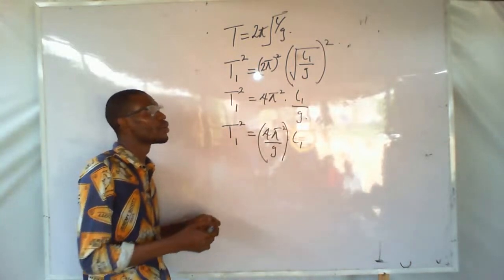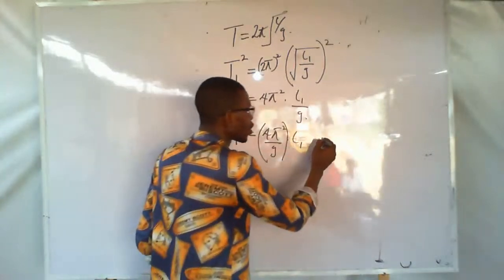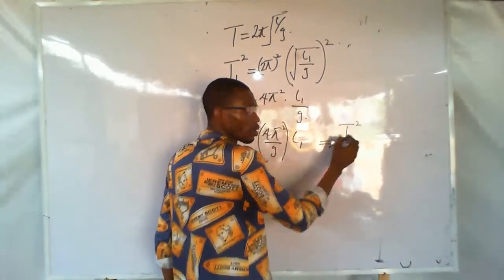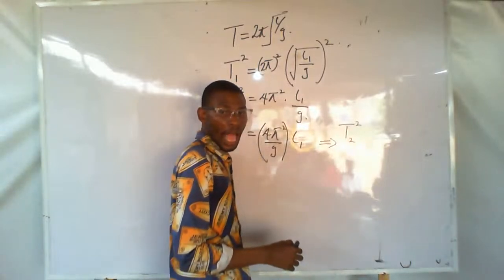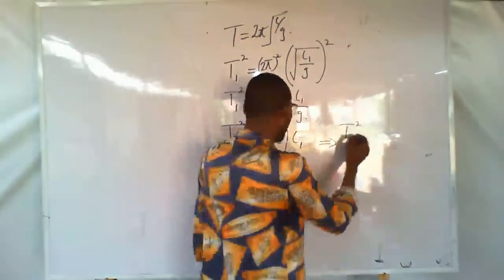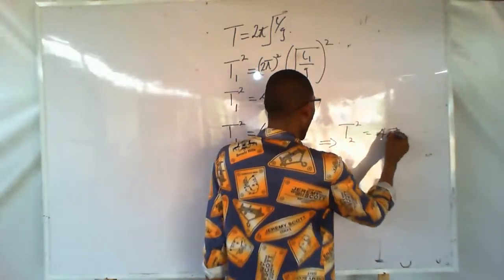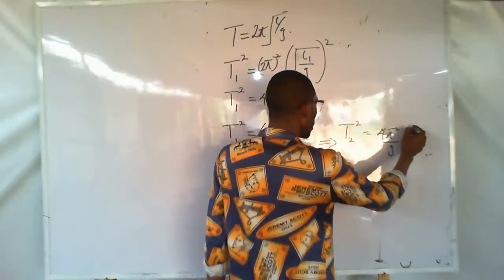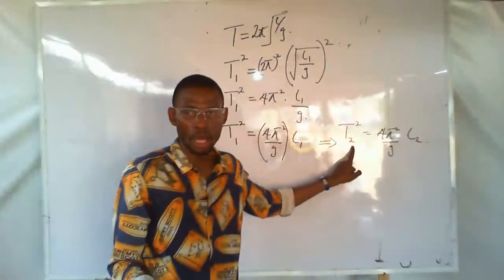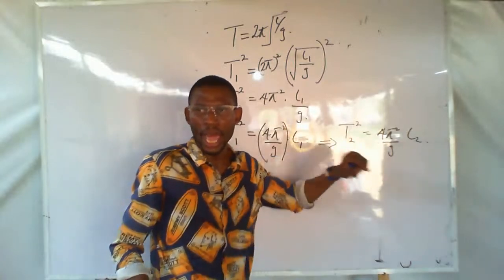Recall that we can also say this one is 4 pi square over G L2. Making this one T1, this one T2, this one L1, this one L2.